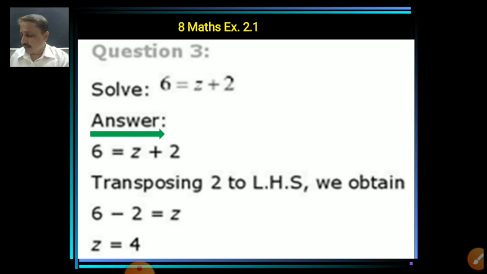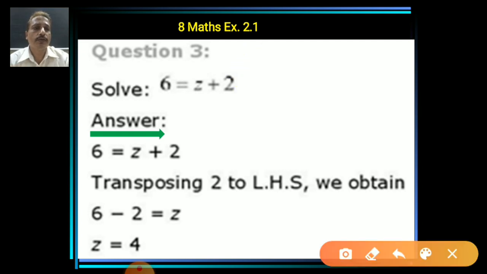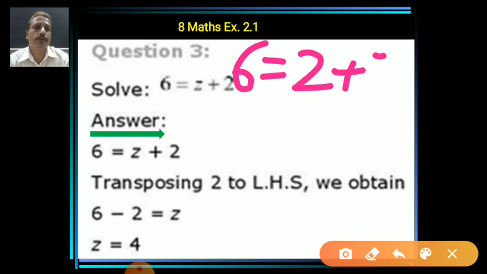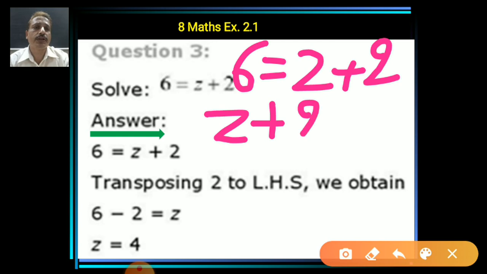So if you have any problem to understand, you can first take the steps. 6 is equal to z plus 2. You can make it this way: z plus 2 is equal to 6. See, left side becomes right side and right side becomes left side. There is no change. Yes, it is as it is. And now come to our points.